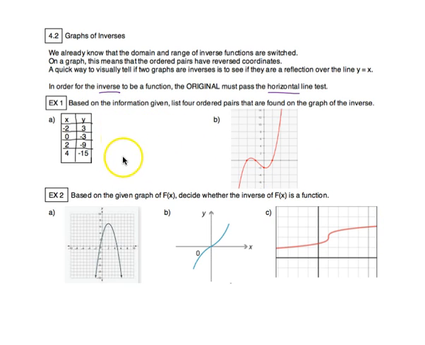Okay, so example 1, based on the information given, list 4 ordered pairs that are found on the graph of the inverse. So again, the ordered pairs of inverses are going to have reversed coordinates. So even though neither of these are a list of ordered pairs, we can get the ordered pairs from them. So here, the original is -2, 3.